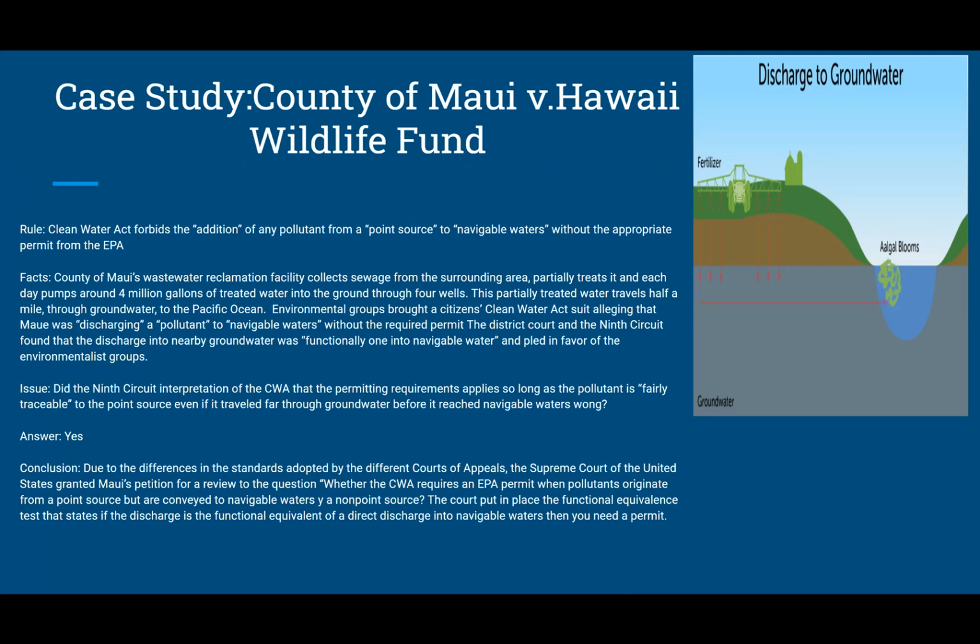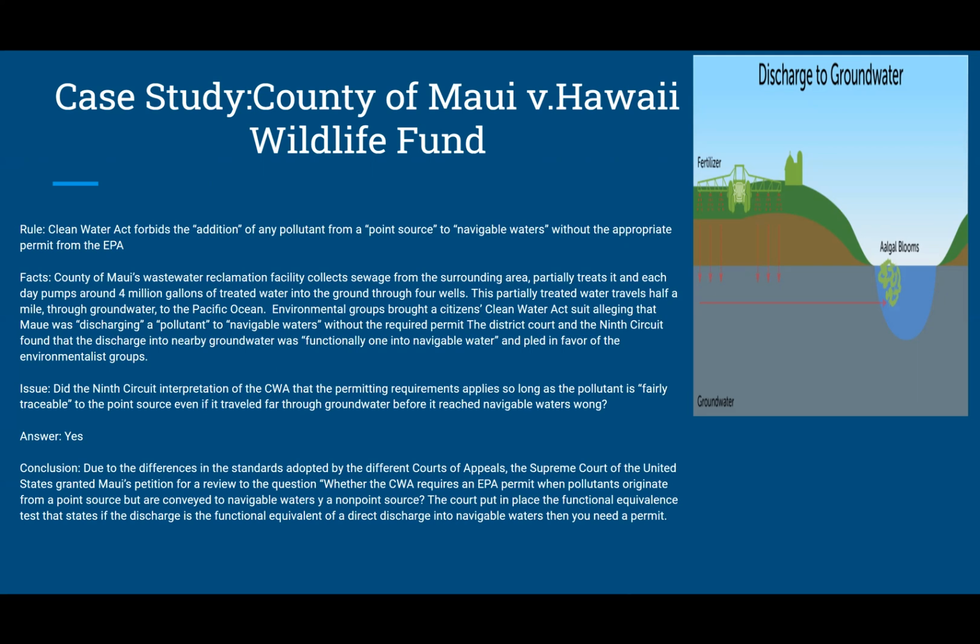So once again, we see that companies need to have some sort of permit to be able to add any pollutants to the water. In this case, the Clean Water Act forbids the addition of any pollutants from any point source to navigable waters without an appropriate permit from the EPA.